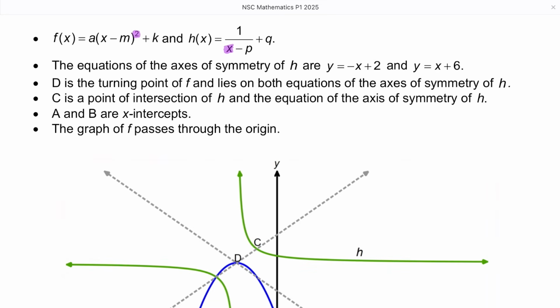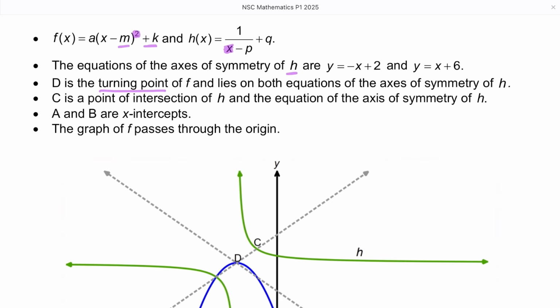Then it also tells us the equations of the axis of symmetry of h is given on the diagram. And then they tell us that D is the turning point. So we know that M and K are part of the turning point's coordinates of f and lies on both equations of the axis of symmetry of h.